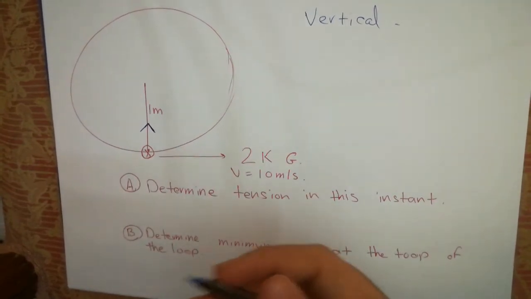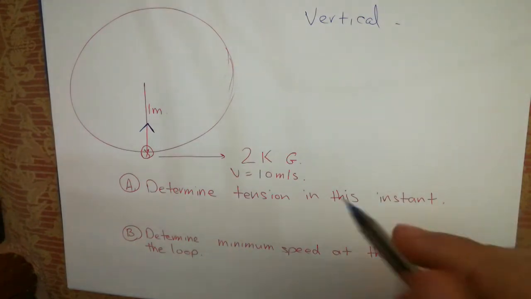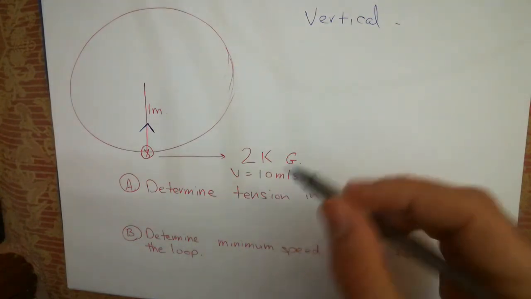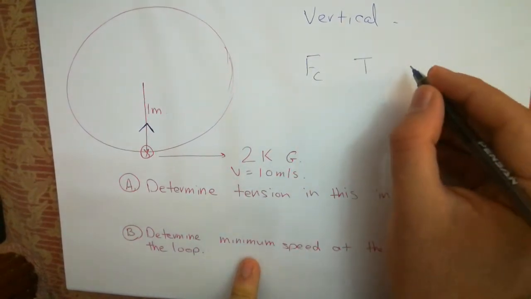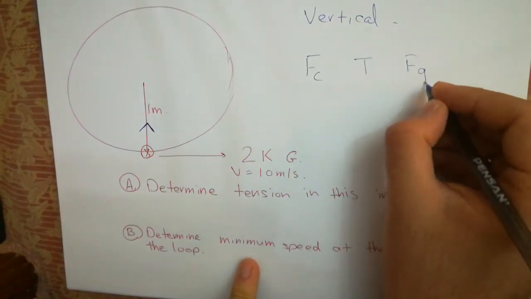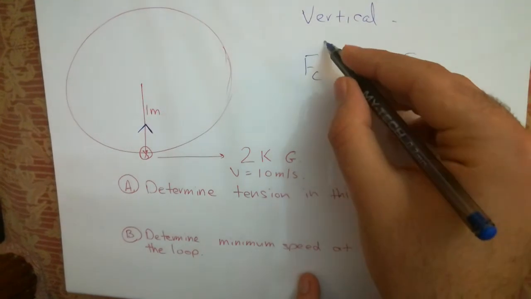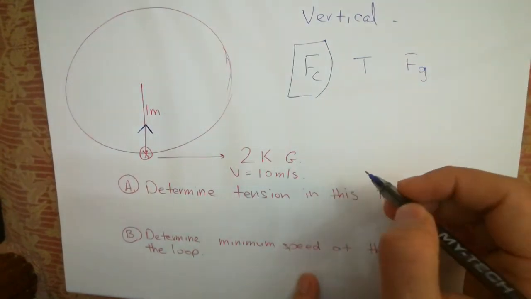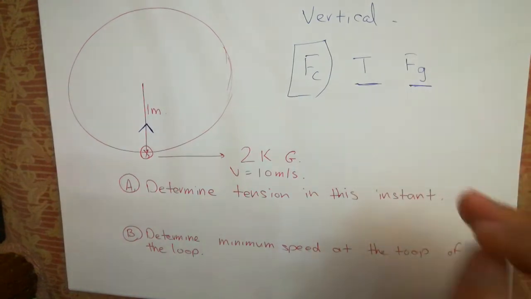Because of course, you have to understand this, you have to differentiate between centripetal force, tension, and the force of gravity. Because these things may really make it hard for you to understand. Centripetal force is theoretical. Tension and force of gravity are real.